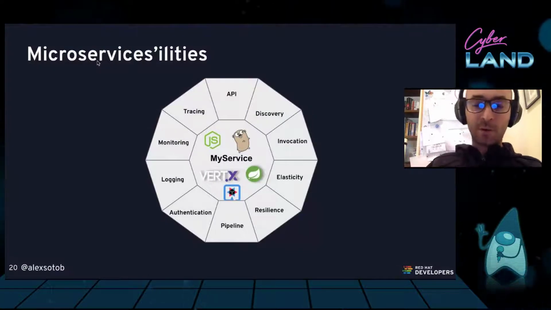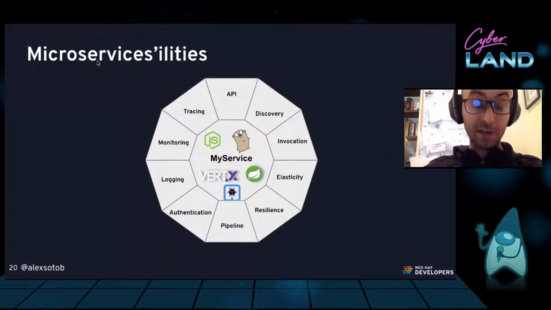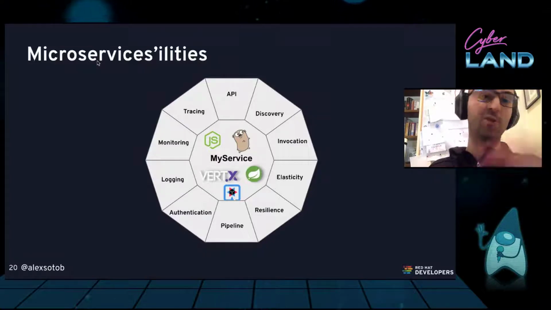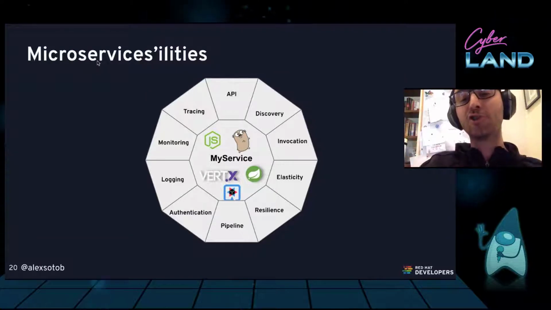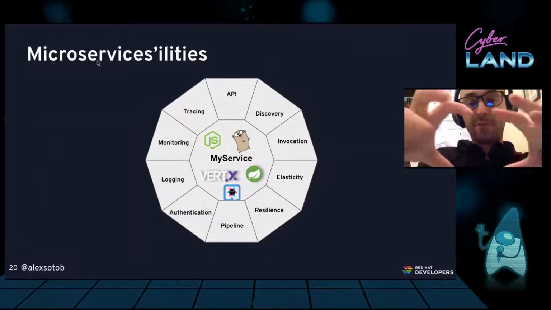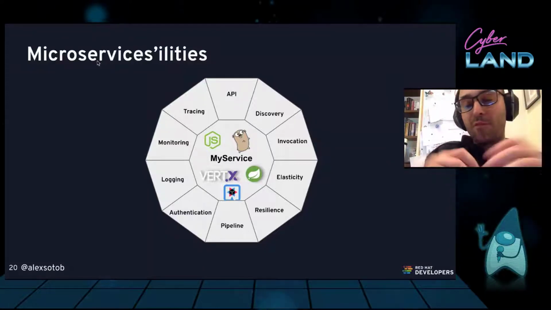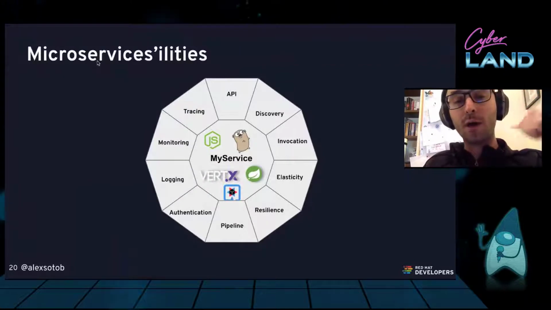And for these reasons, when we are talking about microservices, there are cross-cutting concerns for microservices, or microservicilities, right? These are some concerns around a microservice. We have the service itself with the business logic, but then there is a lot of new content.